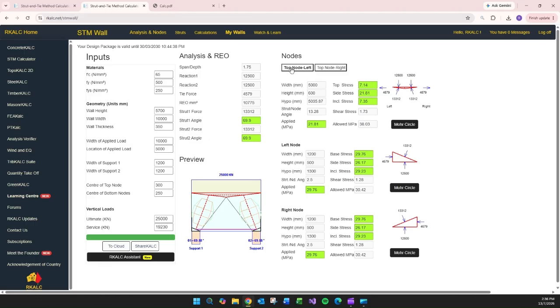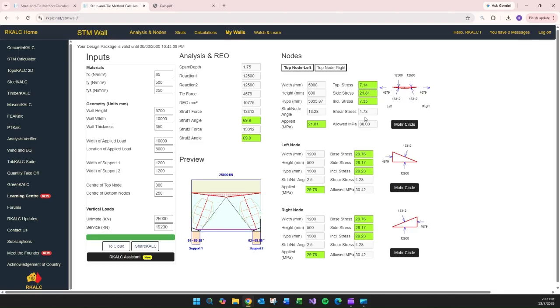Each node, so if I'm talking about the top node, so top node is divided into left node and right node. So you will find both nodes. So this is a perfectly symmetric model. The stresses within the node, top stress, which is here, is essentially the load divided by the length by the thickness of the wall.